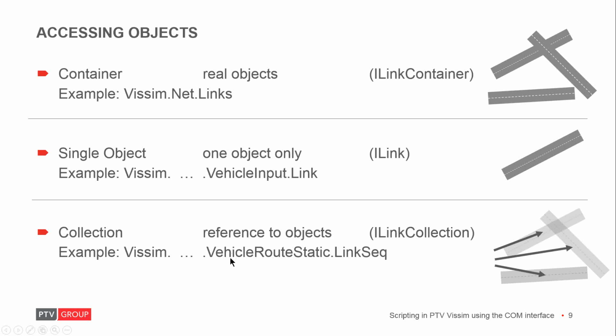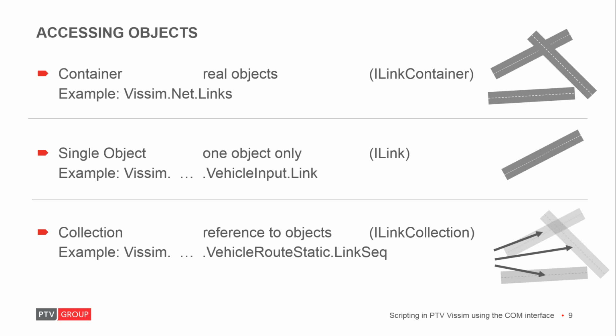So for example, and this is why it's important, if we have a specific route, a vehicle route, there we have a link sequence. Let's say link number 1, link connector 10,000, link number 2, and so on and so on. And if I adjust this route, I will drop some links and add some other links, and this will not make the link disappear, deleting from my network.